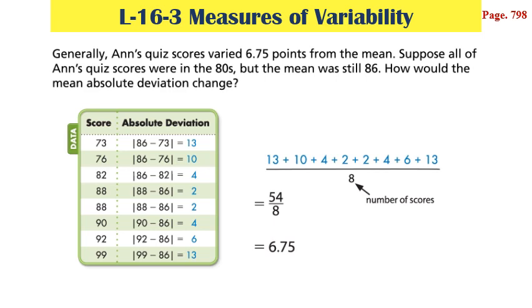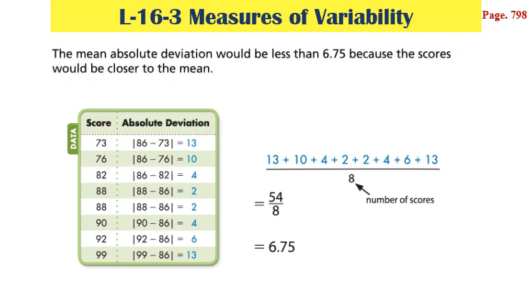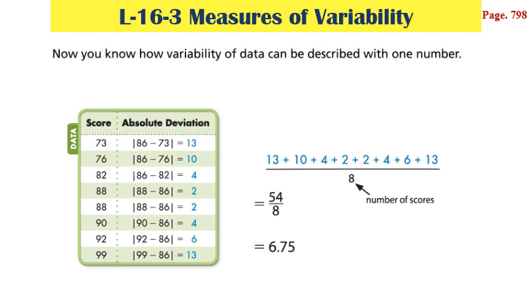Suppose all of Anne's quiz scores were in the 80s, but the mean was still 86. How would the mean absolute deviation change? The mean absolute deviation would be less than 6 75/100ths because the scores would be closer to the mean. Now you know how variability of data can be described with one number.